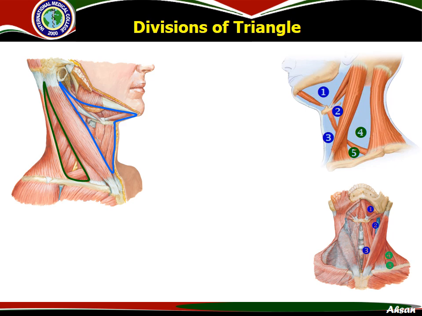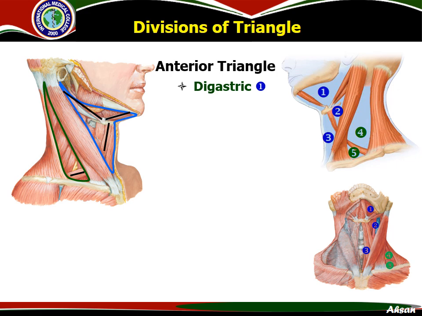Let us see the different types of triangles in the neck. You see the anterior triangle is bounded by a blue line on the left figure, and the posterior triangle is shown by the green outline. Again, the anterior triangle division is shown by the different muscles, the digastric and omohyoid muscles.